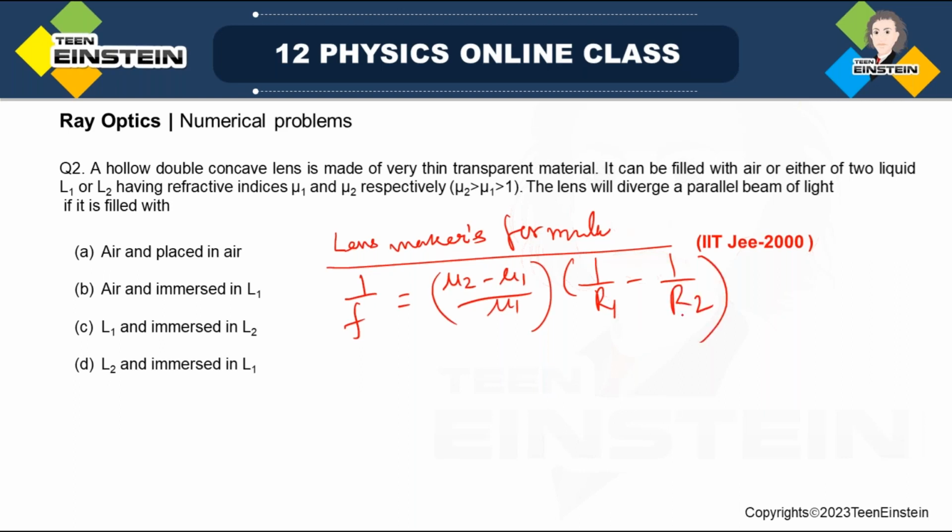Here the focal length, as I was discussing yesterday, is related to the refractive index of the material with which the lens is being made, and mu1 is the refractive index of the medium, and r1 and r2 are the radii of curvature.